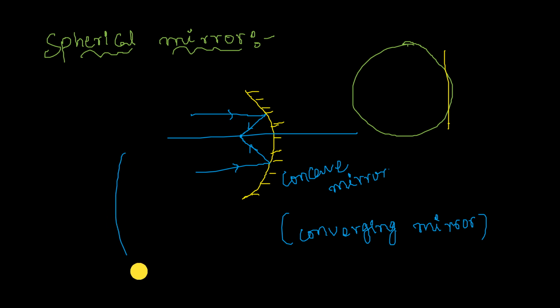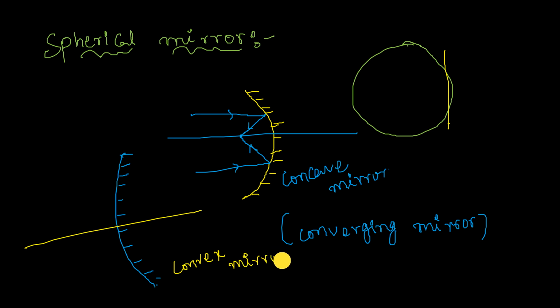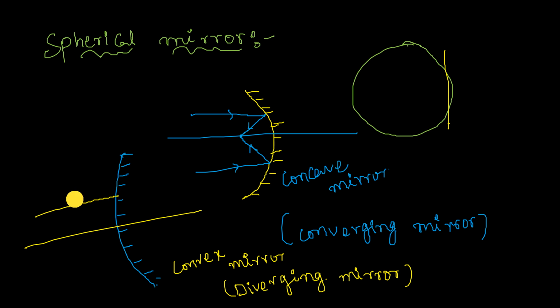One more mirror I am taking, divided according to the reflecting surface. Here you can see this is the convex mirror. Convex mirror is also called diverging mirror. Whenever a light ray is incident on it, those light rays are reflected back like this.